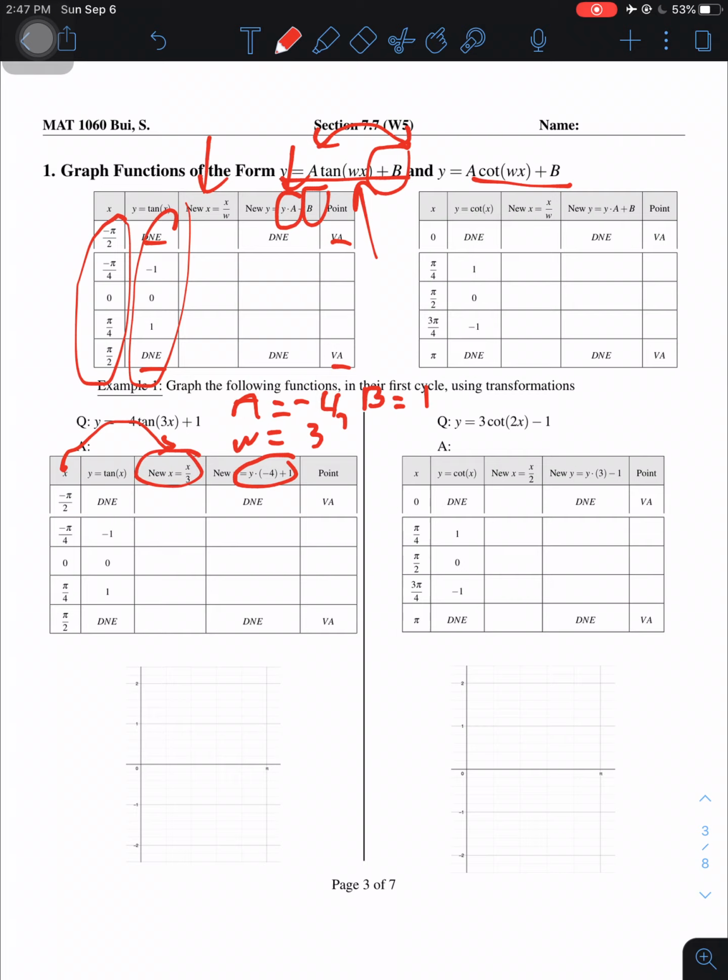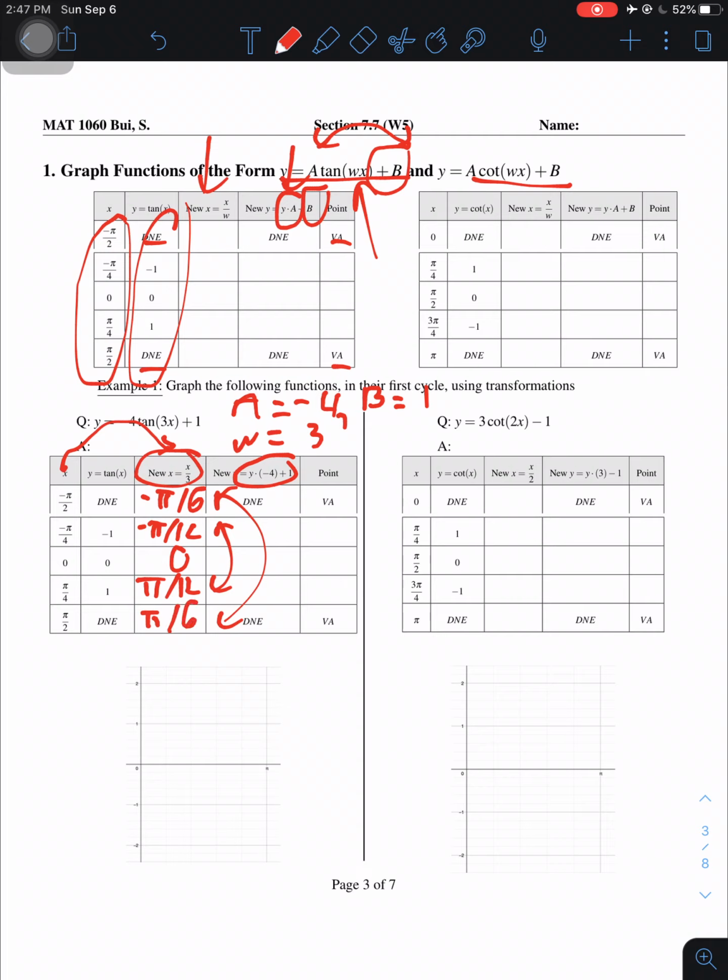If you put it into the calculator, this one will give you -pi/6. This one is -pi/12. This one is 0 because 0 divided by 3 is 0, right? And then for this one, if you're lazy, you just flip them. These in here are symmetric to each other, and these in here are symmetric to each other, okay?